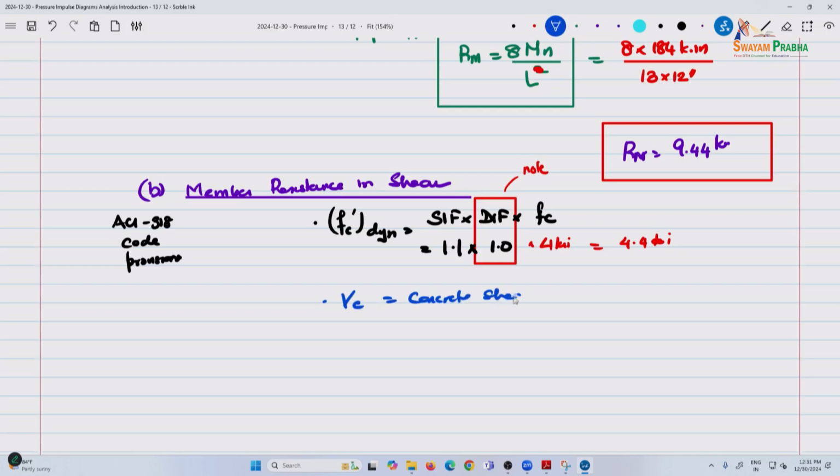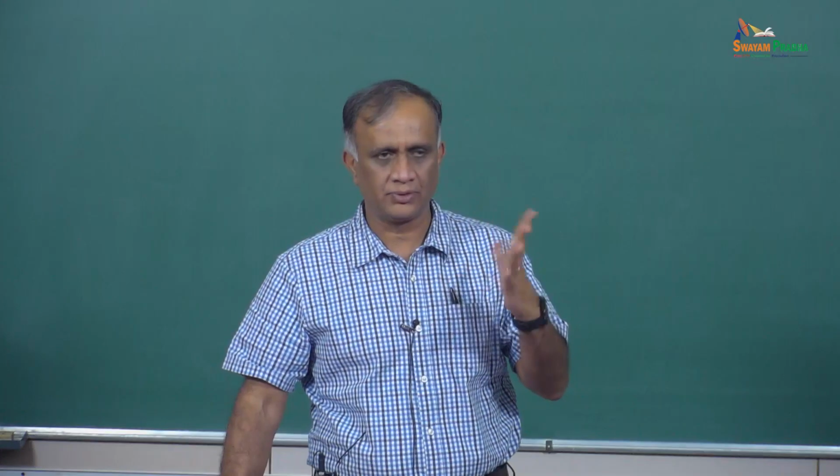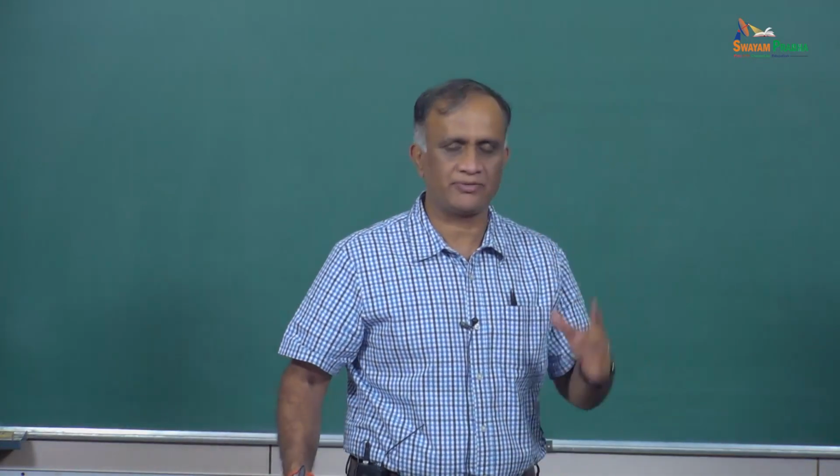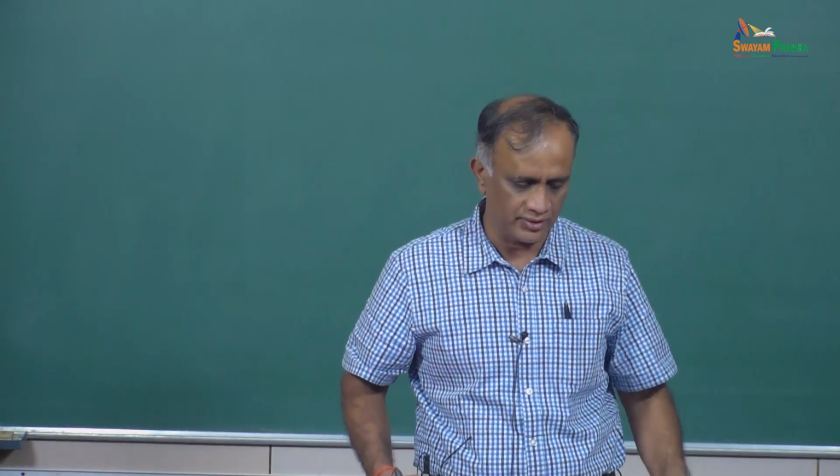In fact, now equations have changed. We now have what are known as the L by d ratios or deep slab, those kinds of things. Shear fracture depends on the depth of the section, so there are provisions to include some of those.